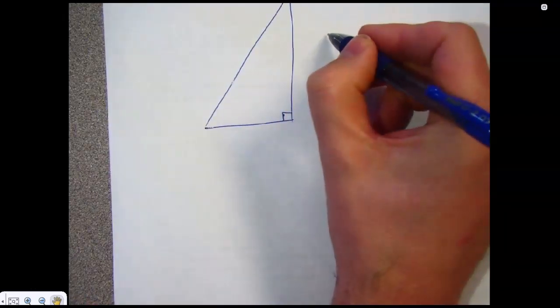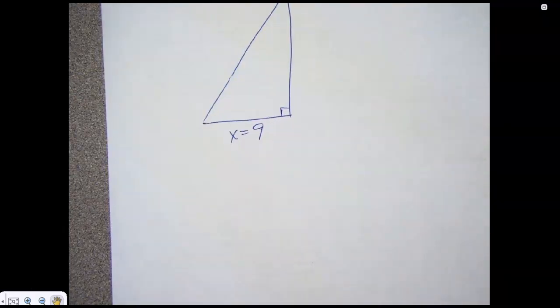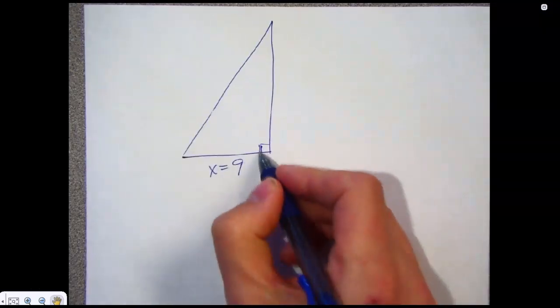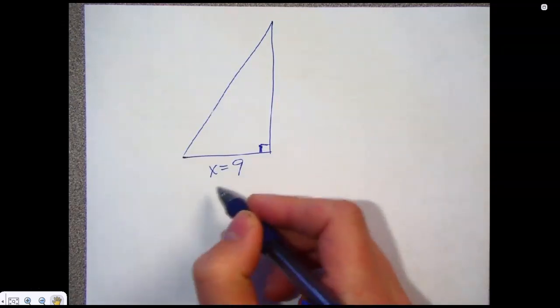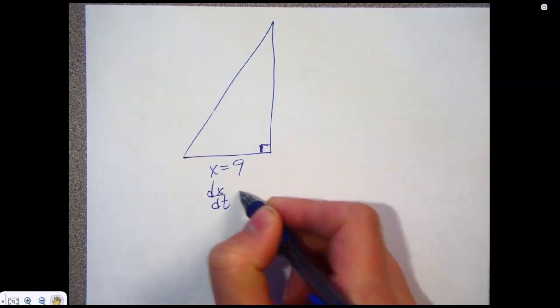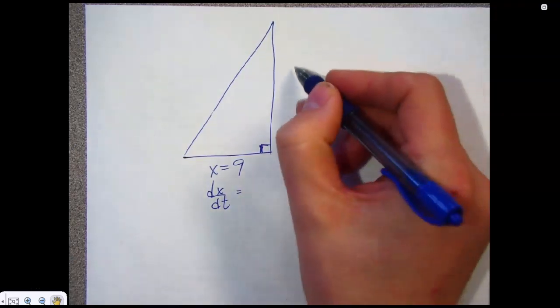Were there angle ones on the last one too? So x is 9. Where am I getting that from? It says it's 9 feet from the base of the wall, right? dx/dt, I don't think I care about actually, but we'll see.